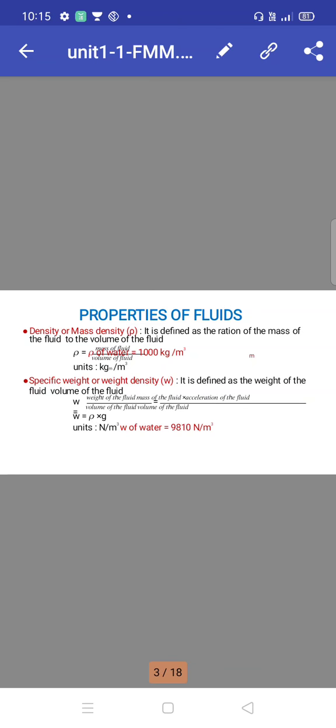So here the value of weight density of water is equal to 9.81 into, so density of water 1000. So 9.81 into 1000, so 9810 Newton per meter cube. This is the weight density of the fluid.